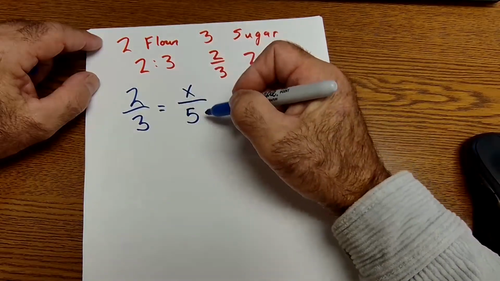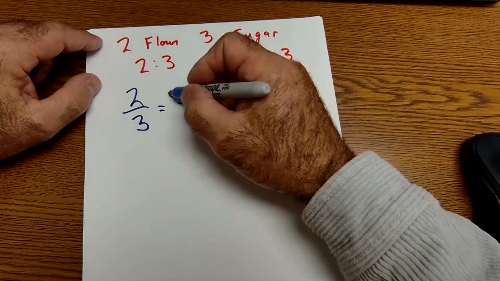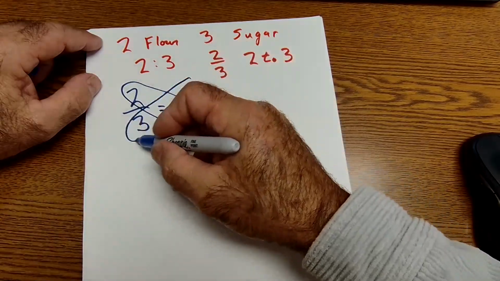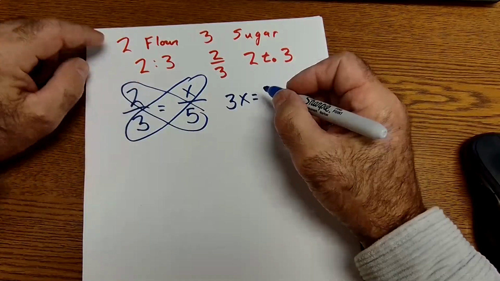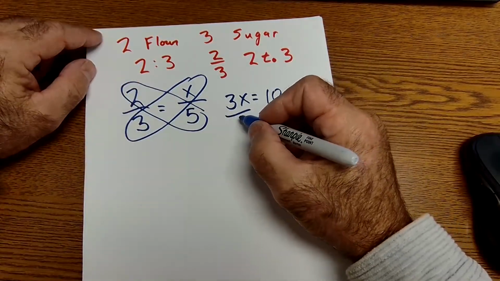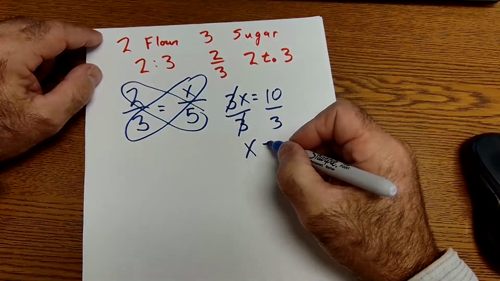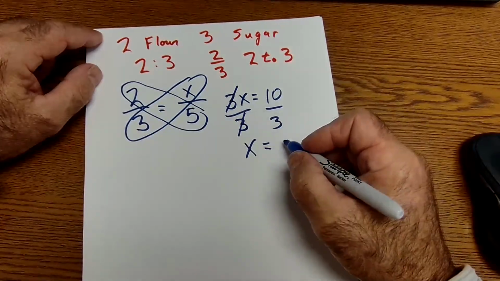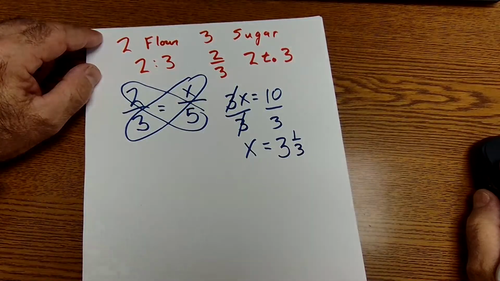So I'd set one ratio equal to another ratio, a proportion. Then I'd cross multiply. That times that is equal to that times that. So 3 times x is equal to 2 times 5. Solving for x, I divide both sides by 3. These cancel, gives me x by itself. 3 goes into 10 3 times with 1 left over.